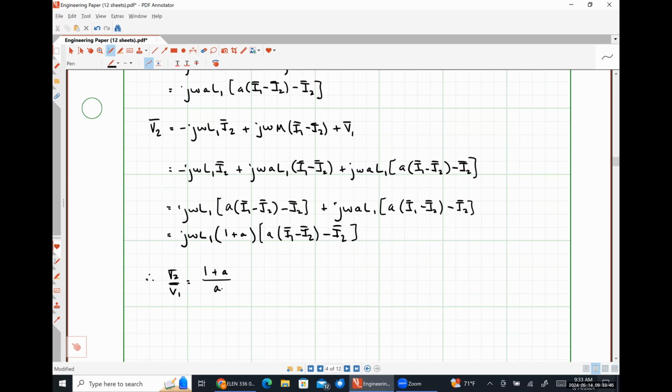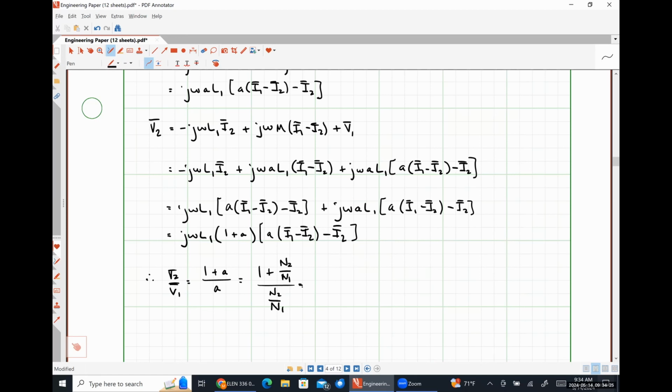Let's play around with that a little bit. What happened to this part right here? So we have 1 plus A over A. So that is 1 plus N2 over N1 divided by N2 over N1.